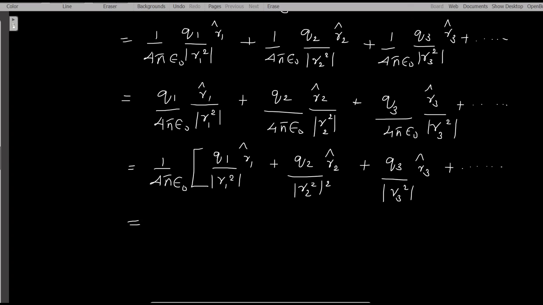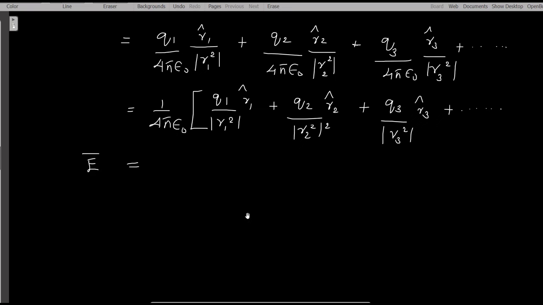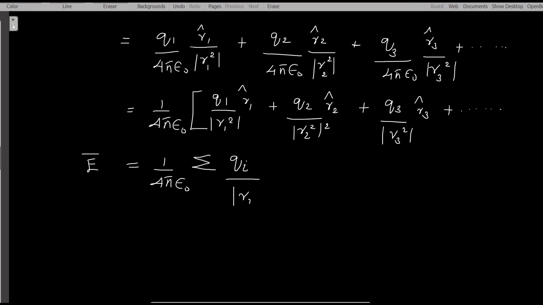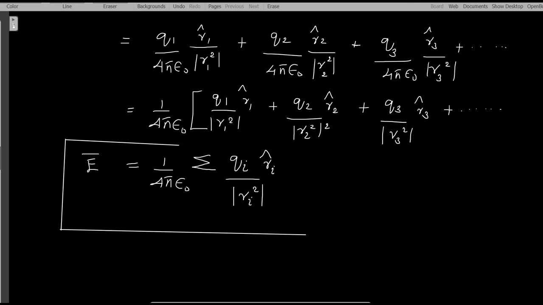Or in other words, if we generalize the equation, this equation can be written as 1 by 4 pi epsilon naught, which is common, summation qi by modulus of ri square into unit vector ri, which is the expression for the electric field at point P due to a system of n charges.